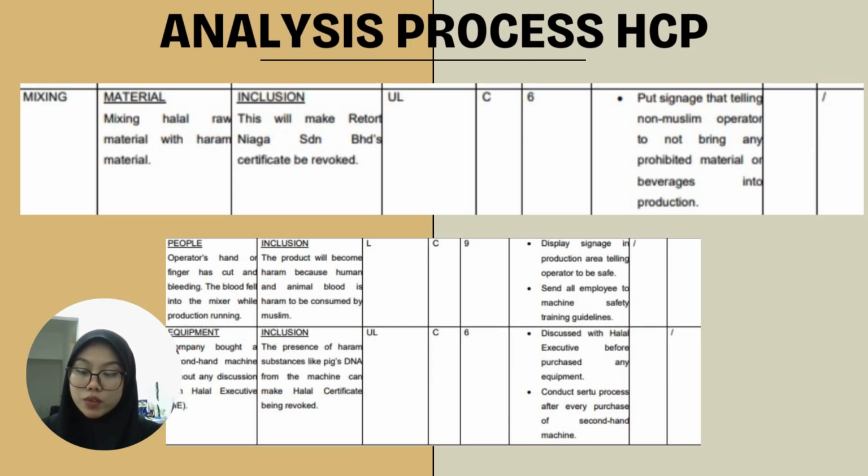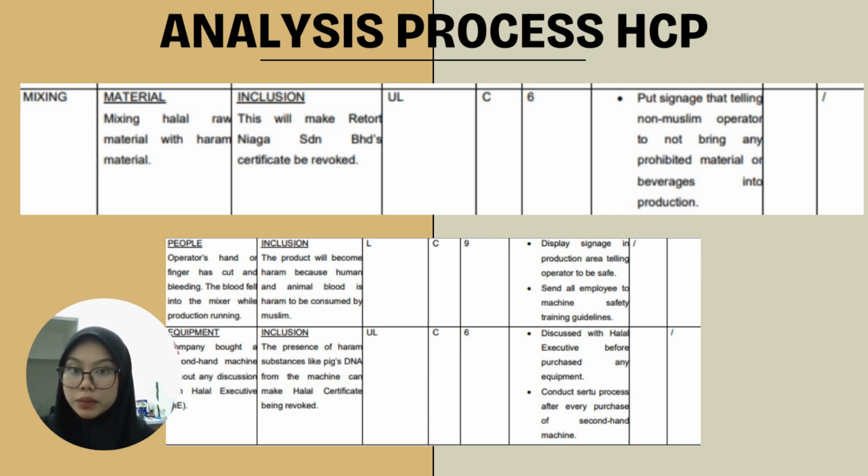For the second flowchart that we chose, which is mixing, the first one is material: mixing halal raw material with haram material. The consequence is that this will make the halal certificate be revoked.